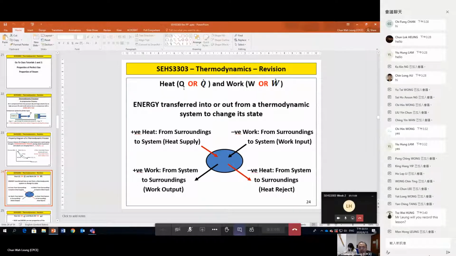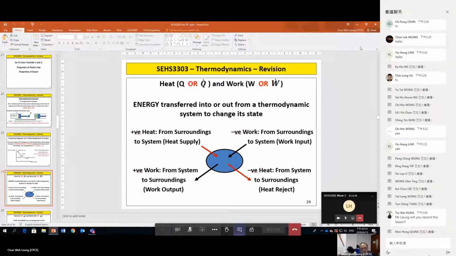For example, now we input 100 kilojoule of heat energy into the system. Then this 100 kilojoule is the amount. Then we use simply Q.